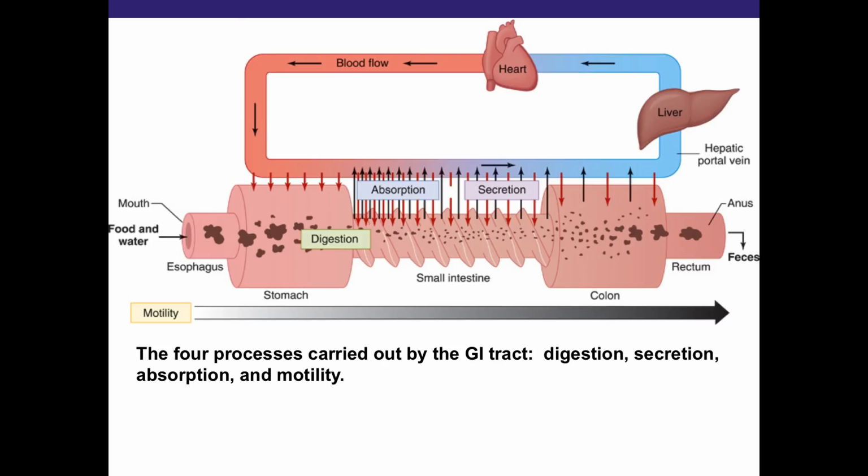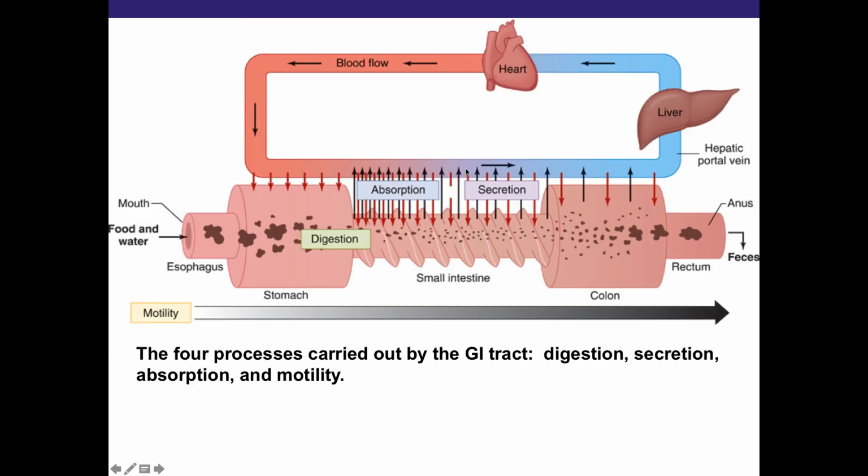Whenever you absorb certain molecules, like calcium absorption, what's happening is that you're pulling these molecules out of the small intestines and transporting them into the blood. So that's called absorption. Secretion is the red arrow here.